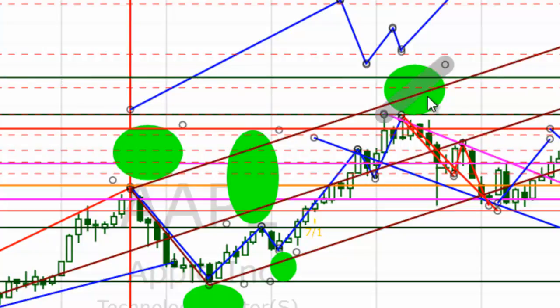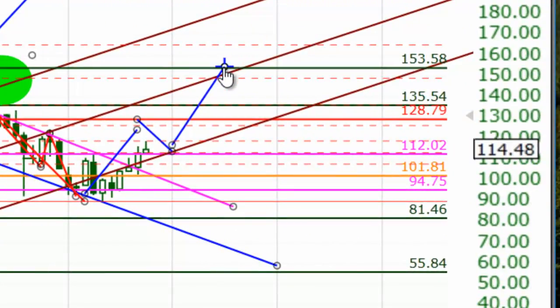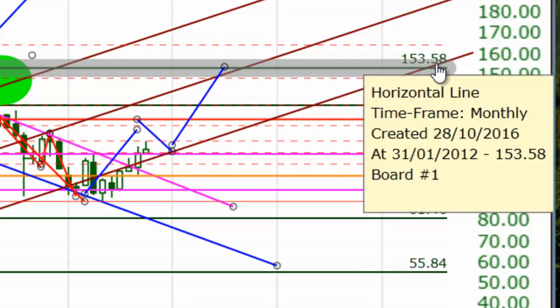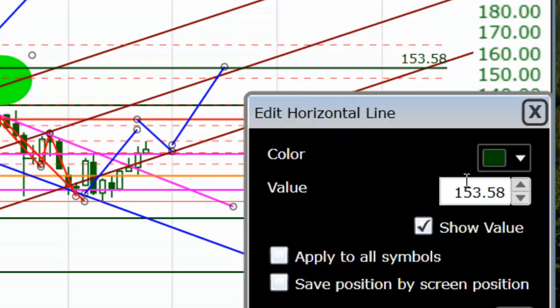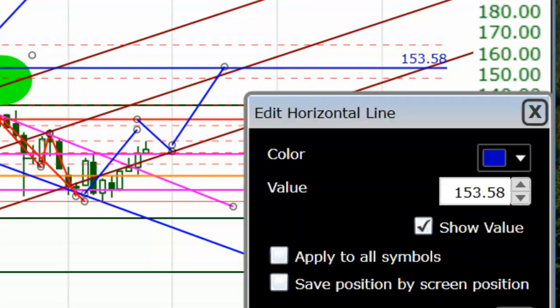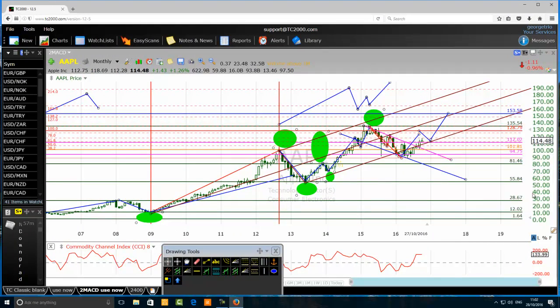So this is the 138.2% Fibonacci extension level, just a little bit above it here. So watch this level, 153.58. Remember that level. Don't forget it. Let's put it there in blue. It's a nice color, blue, isn't it? Nice blue color. Here it is, gorgeous.